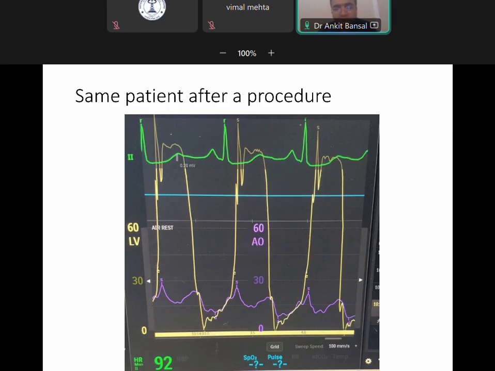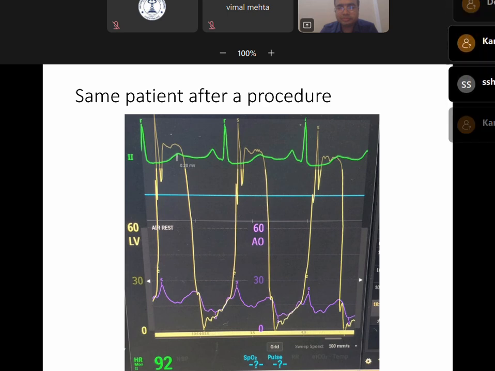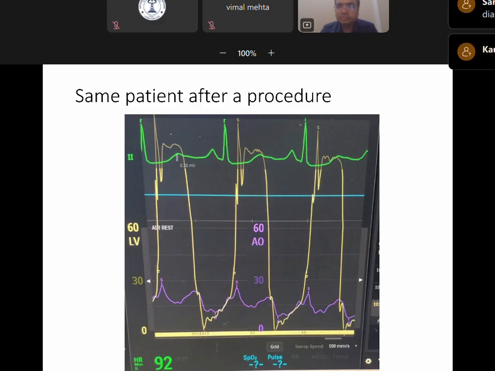The same patient underwent some procedure 3 days back. Now what has happened? Okay.